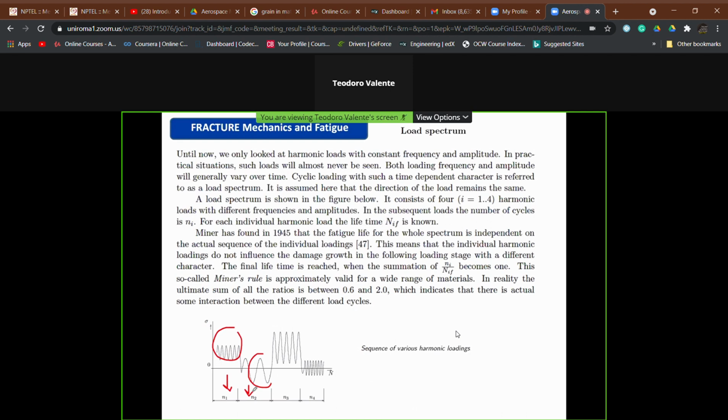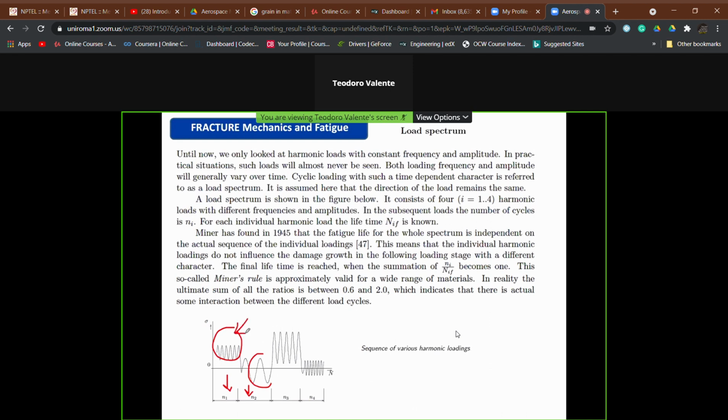And for each individual harmonic load, the lifetime is supposed to be known, and we can call it N_if. Why? Because this is the simplest case.